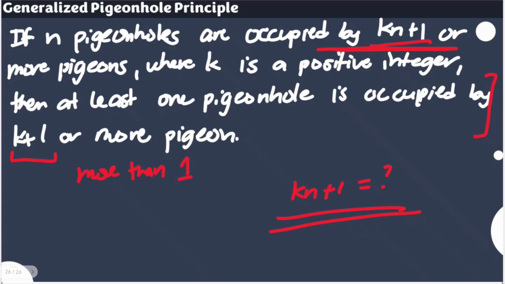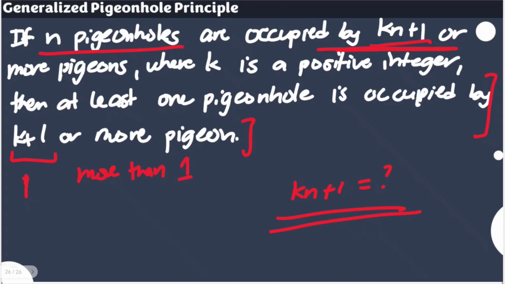We just need the value of your n, the number of pigeonholes or placements, and we're going to express the target. In the previous examples it was just at least 2. That's why when you have k plus 1 equal to 2, your k was 1. So in the previously discussed pigeonhole principle, that's why more than 1 was always the statement.